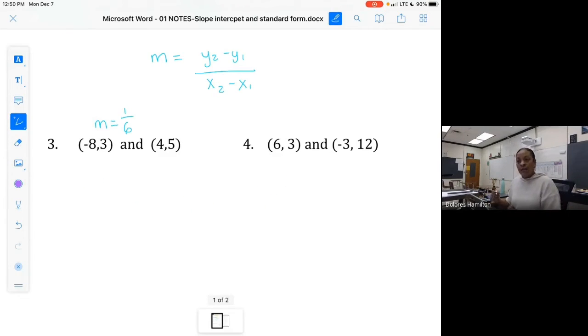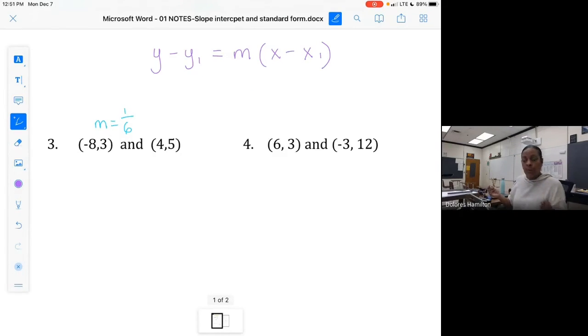We know our slope is 1/6, and now we actually have 2 points. We can choose any one of those 2 to use our point slope form with. There's our point slope equation. What if I try using point slope with the first point. That would be y minus y1, which is 3, if I'm using that one, equals what my m is, 1/6, times x minus, and my x1 in that one is -8.